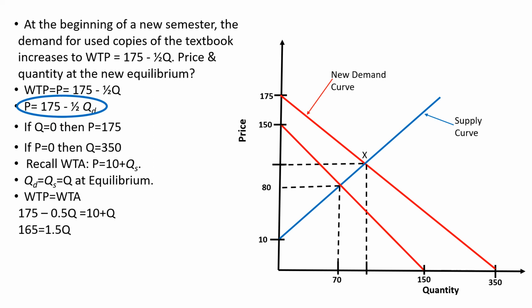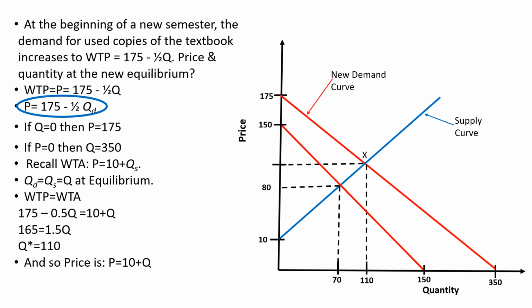Solving for Q, we take like terms on the same side. So 175 minus 10 is equal to Q plus 0.5Q, which gives us 165 = 1.5Q, and if you divide by 1.5 on both sides, it gives you an output of 110 units. So that's the equilibrium output.